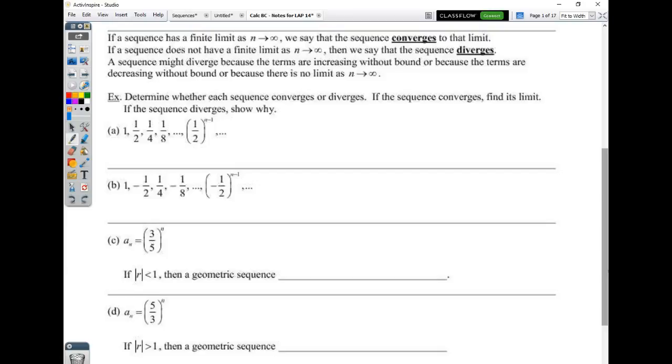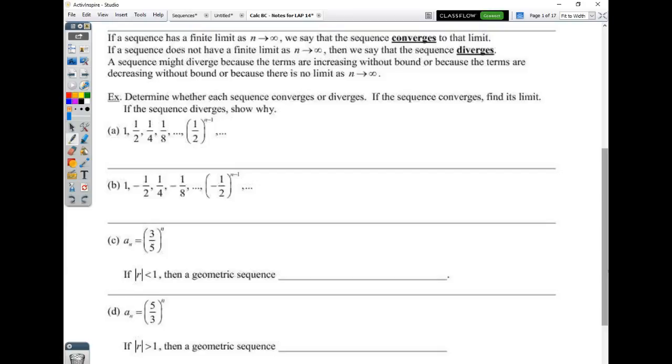Or will the sequence diverge? Realize that diverge just means that it doesn't approach a finite value. It doesn't necessarily mean that it goes to infinity or negative infinity. We'll look at some examples where it doesn't actually grow or decay to infinity or negative infinity. It just bounces back and forth between some numbers, and it gets really weird.